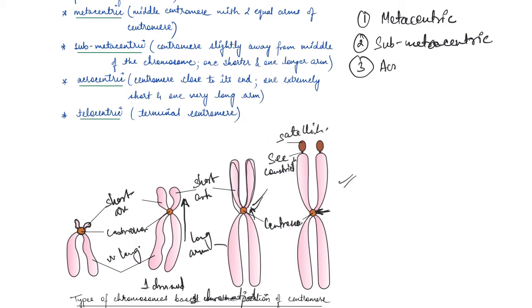Then we have acrocentric. It moves even more towards the end, and one of the arms is now extremely short, and the other one is very long. And the last one is telocentric, which means terminal centromere. It has now shifted towards one of the terminals, right? So these are four different types of chromosomes.